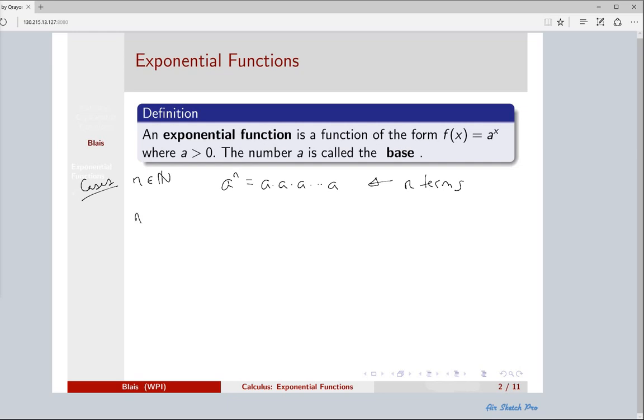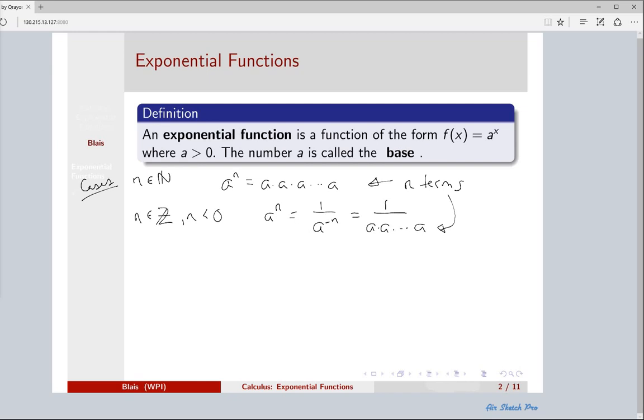If n is an integer and it's negative, then a to the n is 1 over a to the minus n. If n is negative, then negative n is positive, and this becomes 1 over a times a, again, n terms.